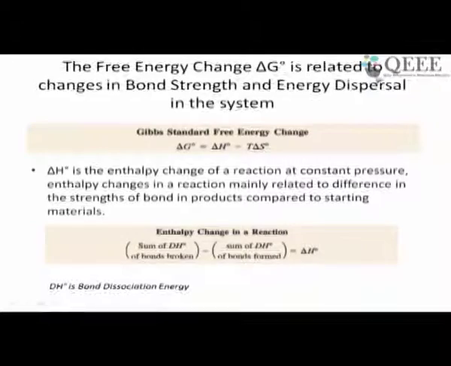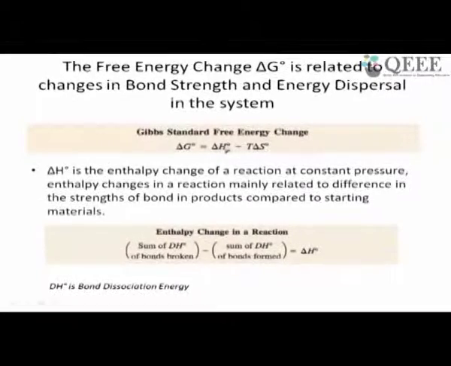Free energy change can also be related to bond strength and energy dispersal in the system, which can be represented in this equation. Delta G equals delta H minus T delta S, where delta H is the enthalpy change of the reaction at constant pressure, which is mainly the difference in the strength of bonds that are broken and the bonds that are formed.